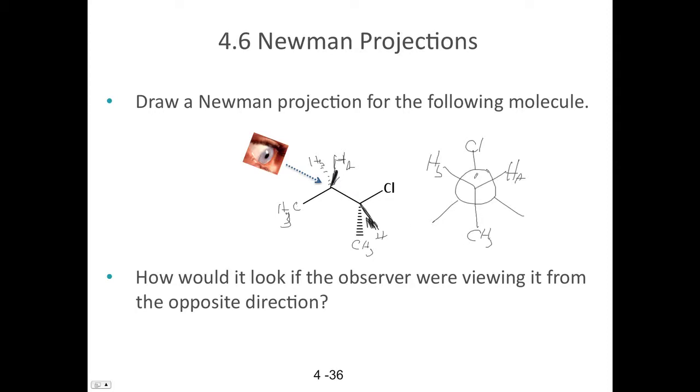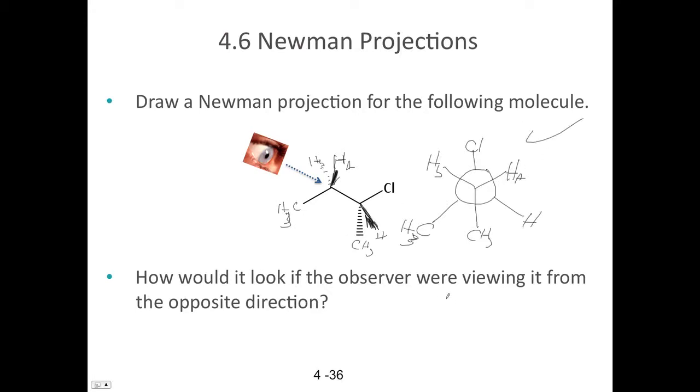CH3, carbon, carbon, Cl. So if this chlorine is up like so, what should be to my right? What is coming out at me? Indeed, the hydrogen is. And this guy here is the only thing that's left, and this would be going through the screen. So CH3. And we are done and we are good.